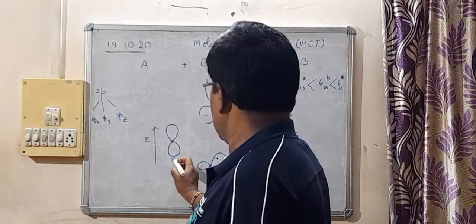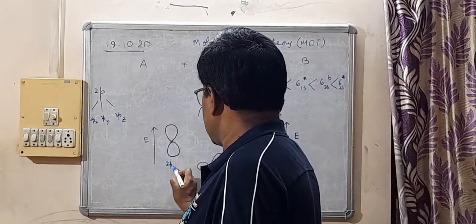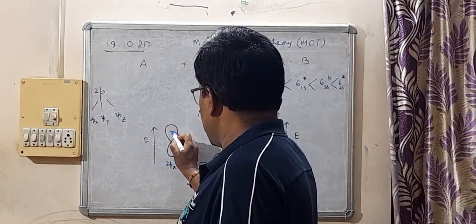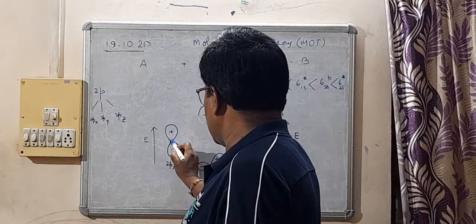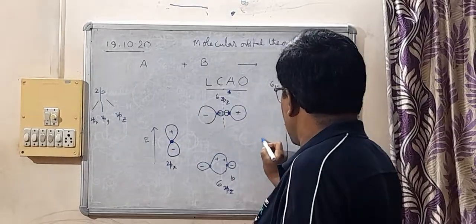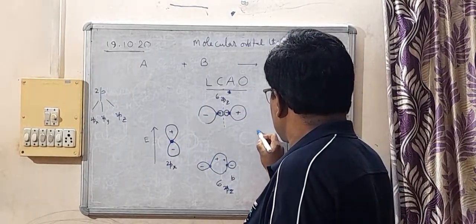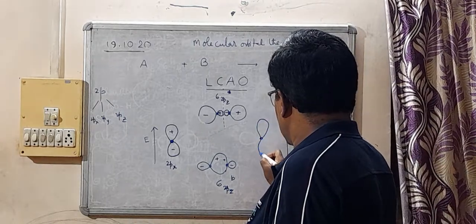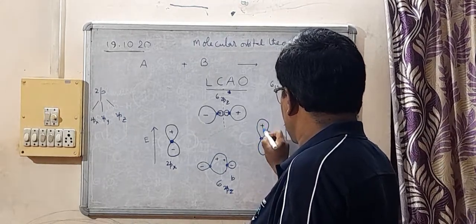So this is our 2px. So this is plus, this is minus, the nucleus, and another 2px, plus, minus.